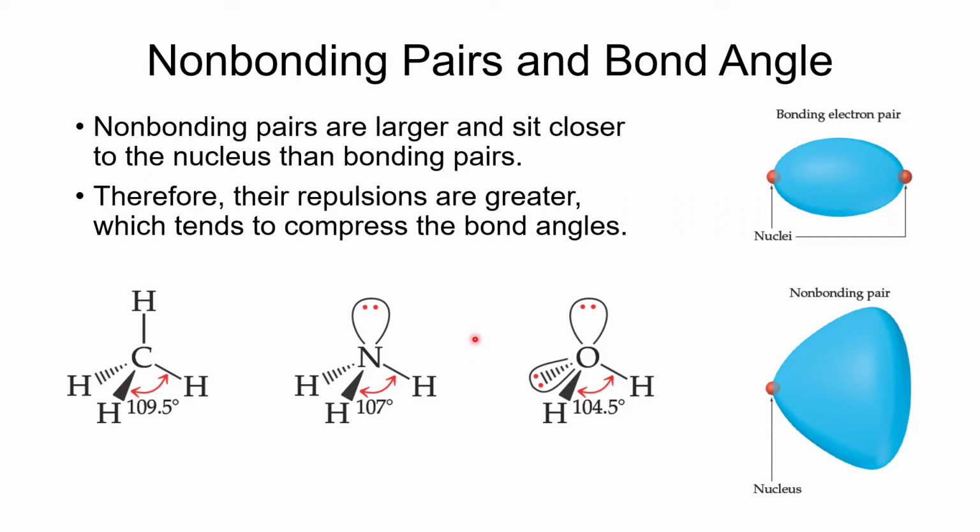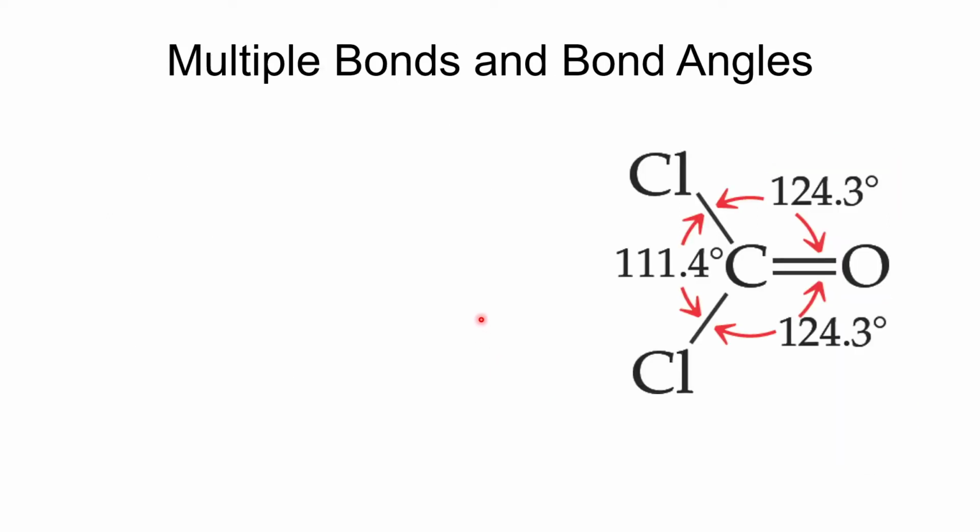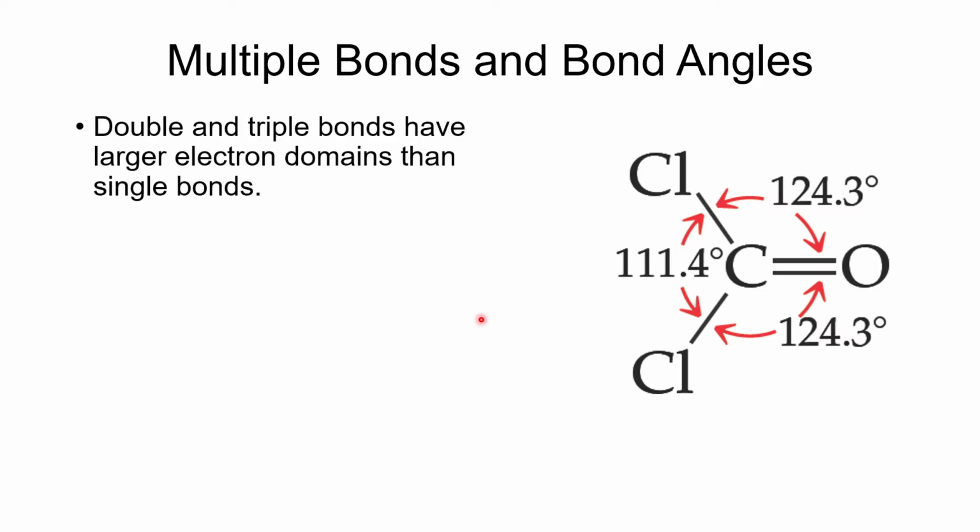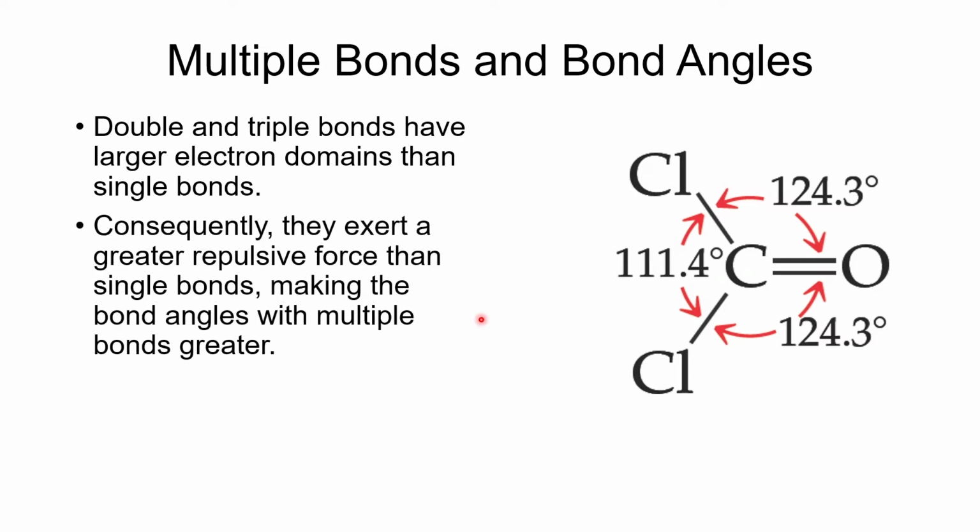Okay. In addition to that, we'll also see that double bonds and multiple bonds will affect bond angles. So double and triple bonds have larger electron domains. They've got more electron density. There's more electrons than the single bonds, and as a consequence, we'll find that they push a little bit harder on the single bonds than the single bonds push on each other. So there's a greater repulsive force between the double and the single than there is between the two singles.